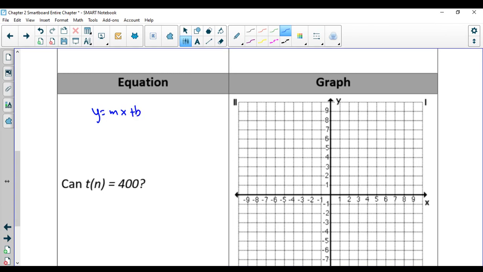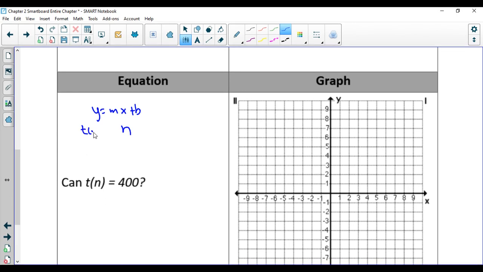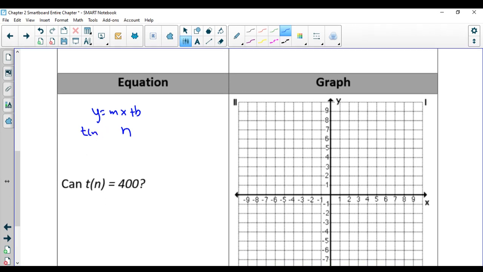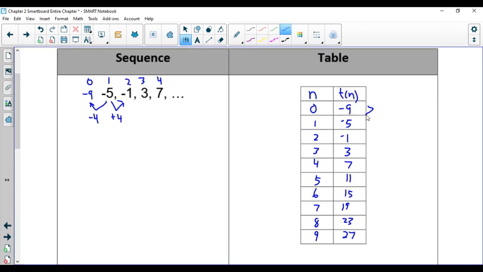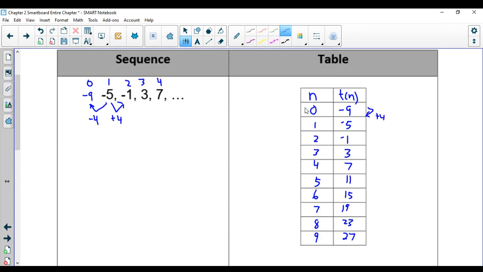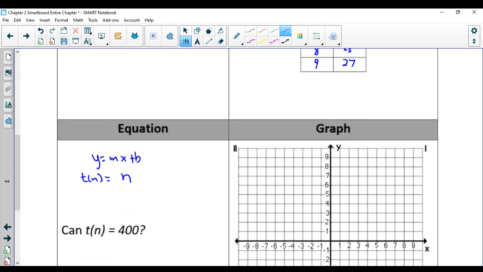But since it's a sequence, instead of x, we're using n, and instead of y, we use t of n. Our slope is what we're adding or subtracting, or the change in y over change in x. So our change in the output is 4. We're adding 4, and here we're adding 1. So our slope, or our common difference, would be 4. In this case, we're adding 4.